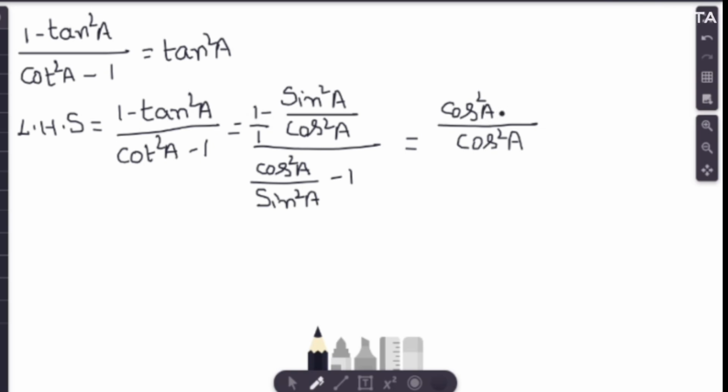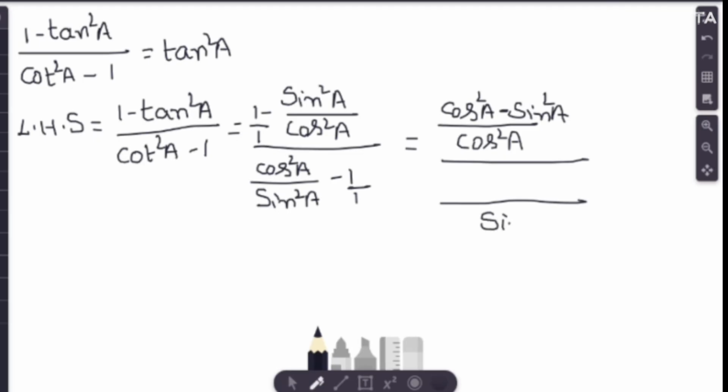Now minus, cos square A divides cos square A 1 time, so 1 into sine square A, sine square A by the same in the denominator. Here no number is there, means 1 is there. So what is the LCM?